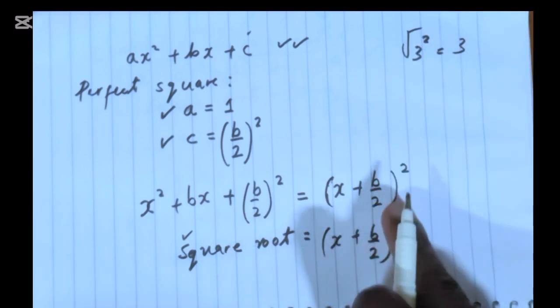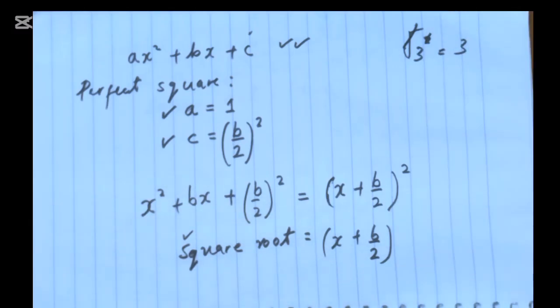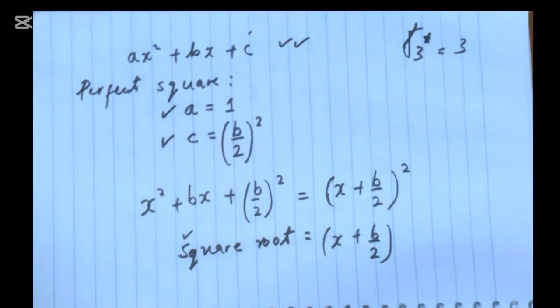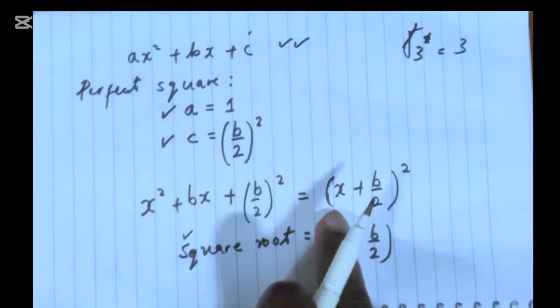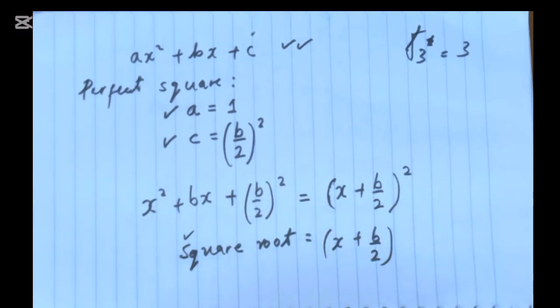That is the same concept we're using here. The root and the square simplify each other out, so we end up having 3 as our square root. So basically, the square root of this particular expression becomes x plus b over 2.